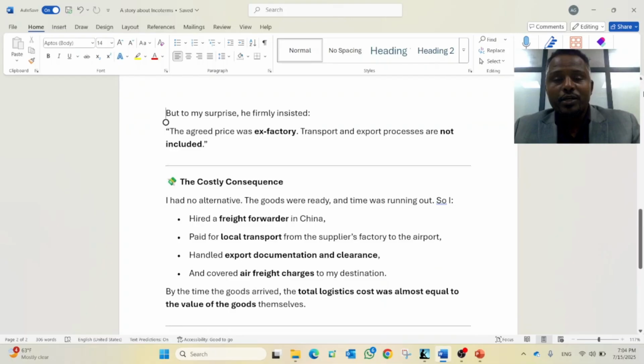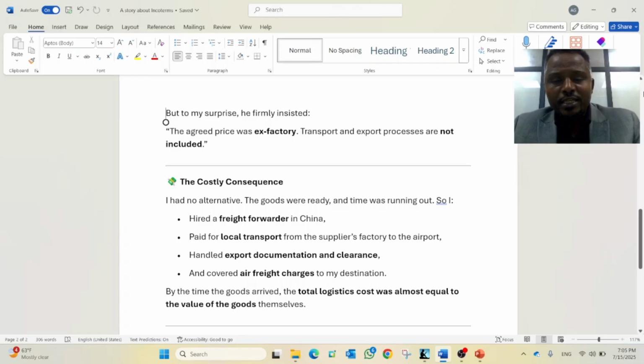Look at the costly consequence. I had no alternatives. The goods were ready and time was running out. We needed this product urgently for a specific purpose, and the supplier was insisting not to deliver to the airport. So I hired a freight forwarder in China. I paid for local transport from the supplier's factory to Beijing airport.